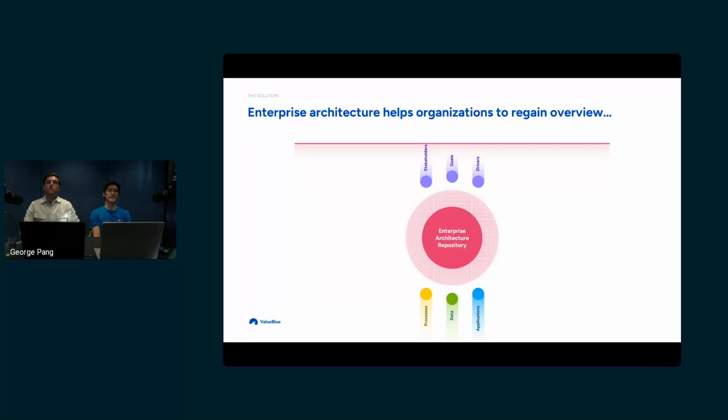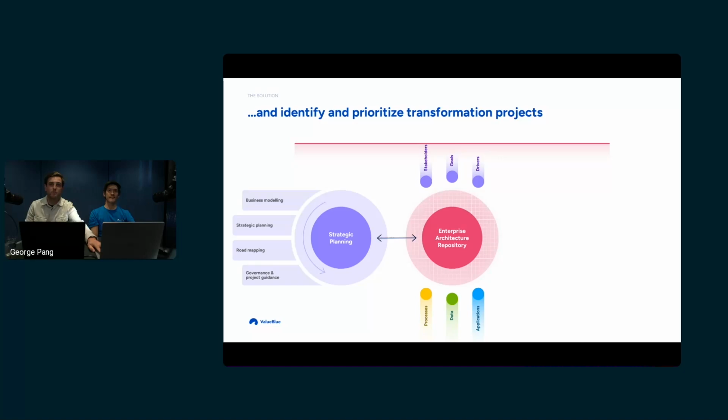All right. So how does solution design fit in your enterprise architecture? The central component is the enterprise architecture repository that stores information about your business as well as your IT landscape. It lists various items such as processes, data, and applications, and how they are connected to each other. Getting this overview and insight is basically the basis for the next 2 steps. Strategic planning, the first one, is generally done by enterprise architects or project management offices.